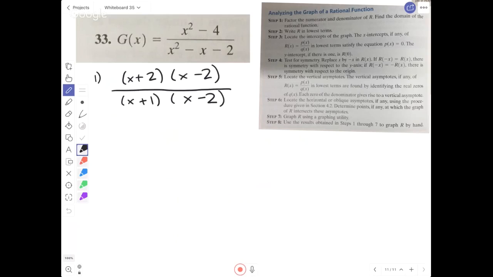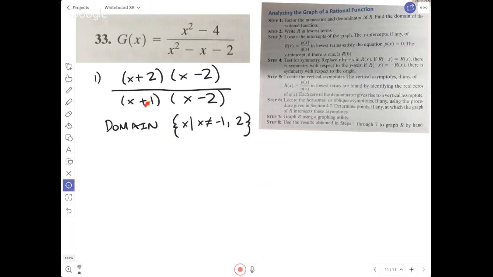So step one, factor the numerator and denominator. Find the domain. Domain is the set of values x such that x does not equal -1 or 2. Because if x equals -1, -1 plus 1 is 0, can't divide by 0.